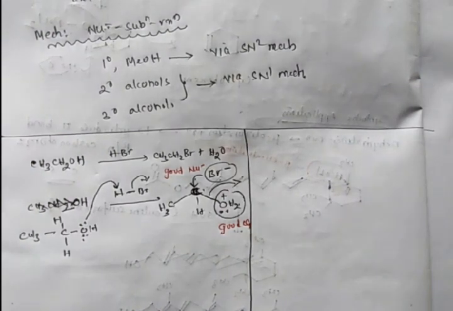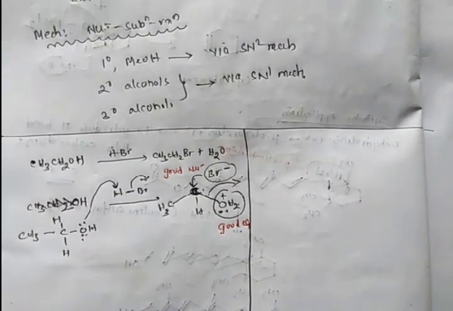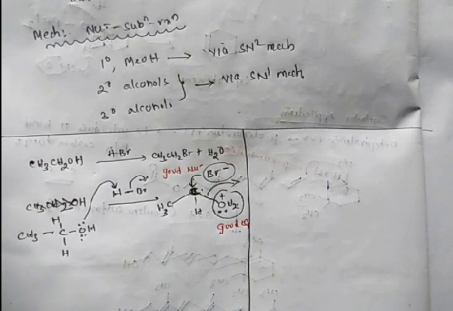So whenever this good nucleophilic bromine atom attacks this carbon atom, which has the OH2 as a good leaving group, the OH2 group leaves away from the carbon atom. So attack of the nucleophile and leaving of the leaving group occur within a single step.